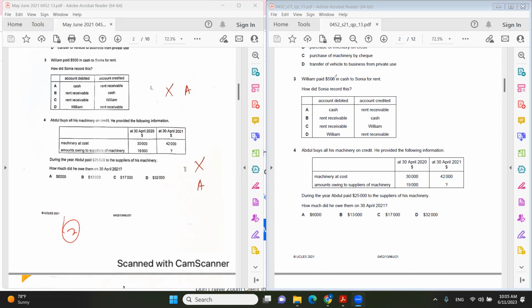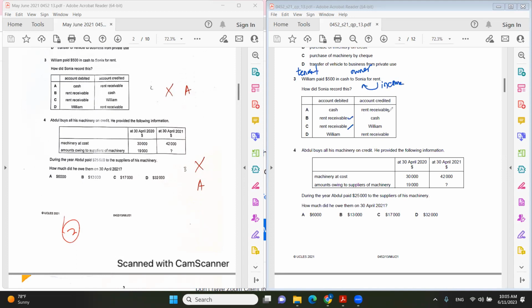William pays 500 in cash to Sonia for the rent. That means this is the tenant, and this is the owner. How did Sonia record? This is an income to Sonia, which means rent receivable.